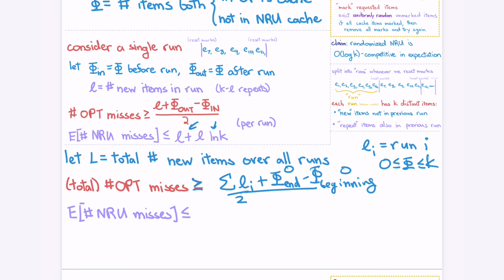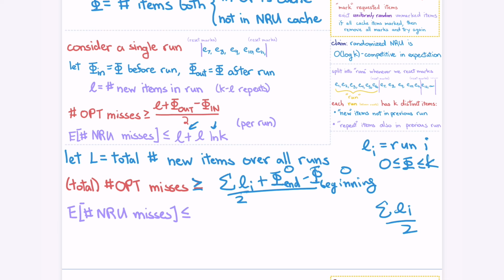So you just get the sum of Li. No, but you're doing greater than or equal to. So we're going to bound this: OPT makes Li plus phi n mistakes, and phi n is at least 0. We're just trying to lower bound and say OPT makes at least this many mistakes.